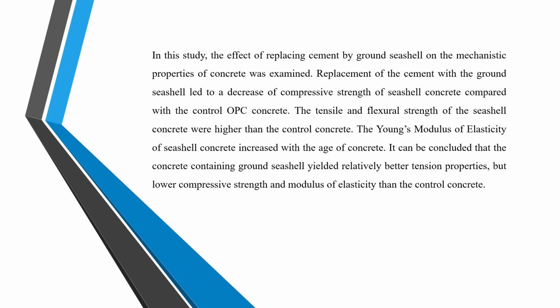The Young's modulus of elasticity of shell concrete increased with the age of concrete. So, we can conclude that the concrete containing ground shell yielded relatively better tension properties, but lower compressive strength and modulus of elasticity than the controlled ordinary Portland cement concrete.